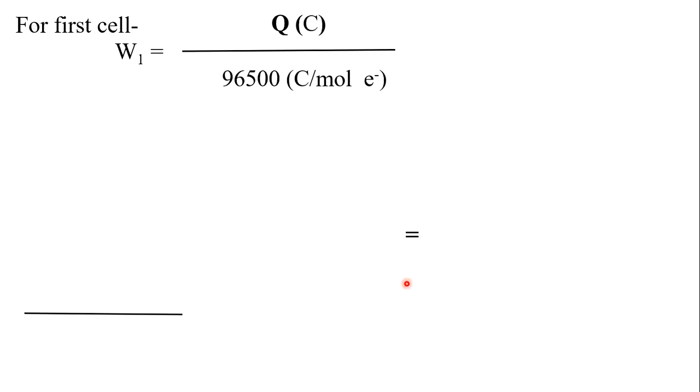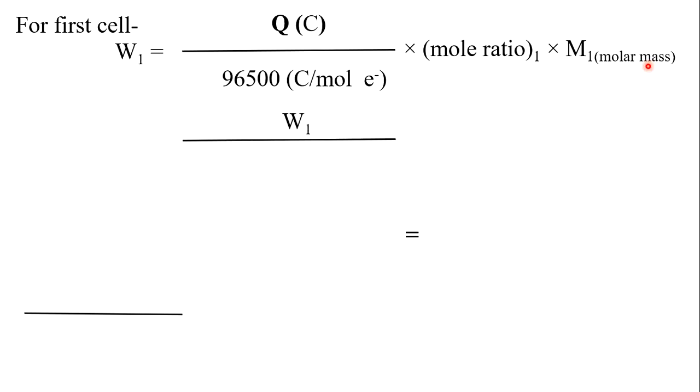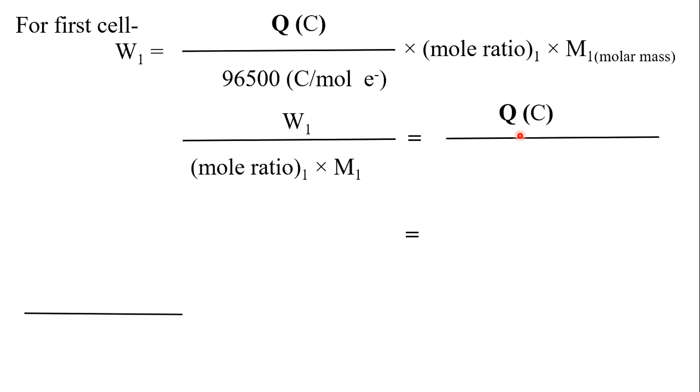Then if you rearrange this, you will get W1 divided by mole ratio into molar mass is equal to Q divided by 96,500.